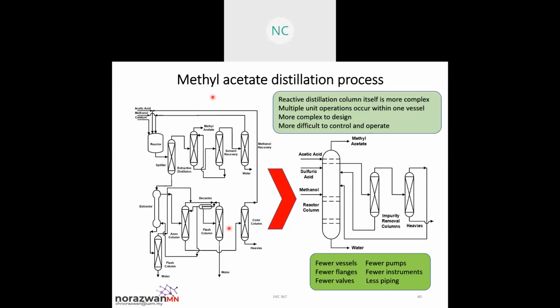Then this is the one after you introduce your ISD. Now the process only has one distillation column and two extraction columns. One is to remove the impurity, and another one is to extract the heavy metals, instead of having your flash column, acid column, solvent recovery, and so on.